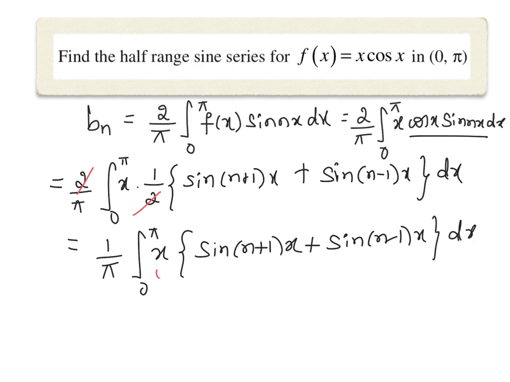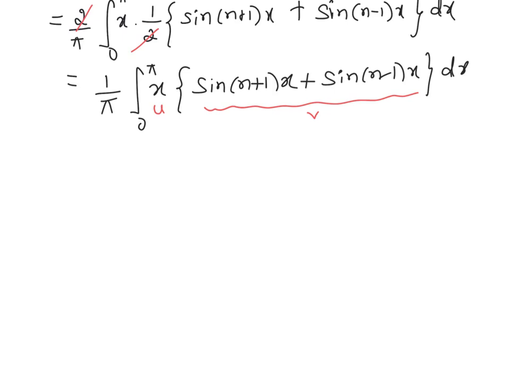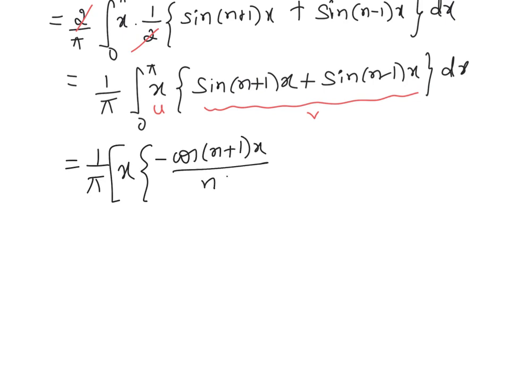Now using Bernoulli's rule, this complete part is v and x is u. What we get is 1 by pi, keeping x as it is, integration of sine, it is minus cos of n plus 1 into x divided by n plus 1, again minus cos of n minus 1 into x divided by n minus 1.